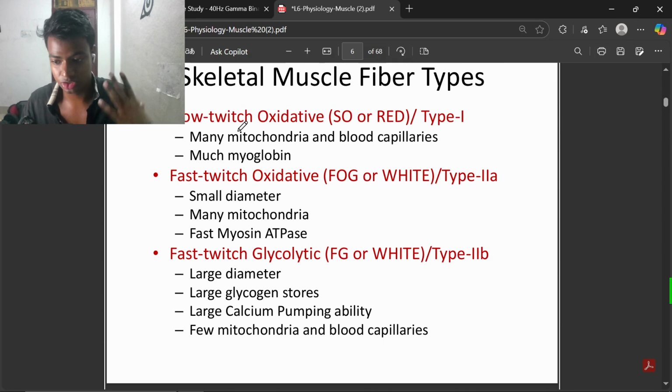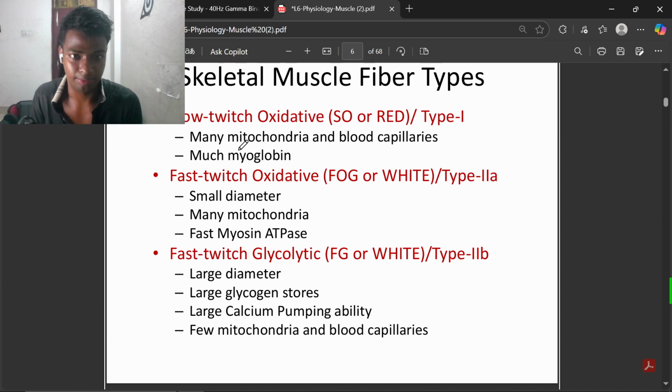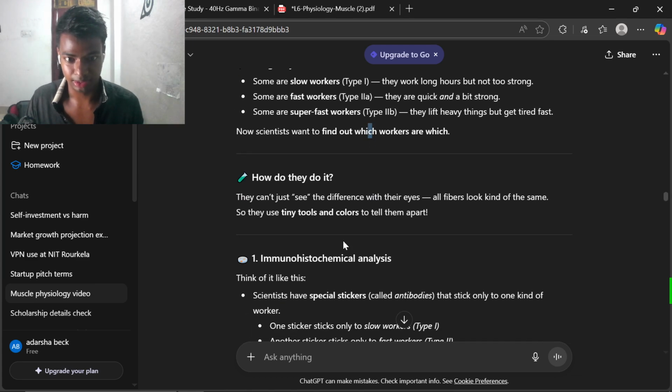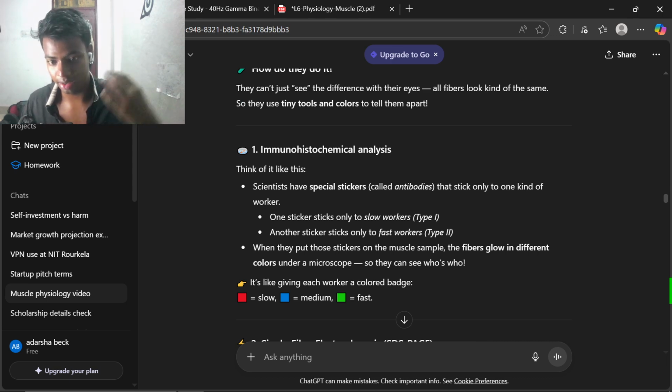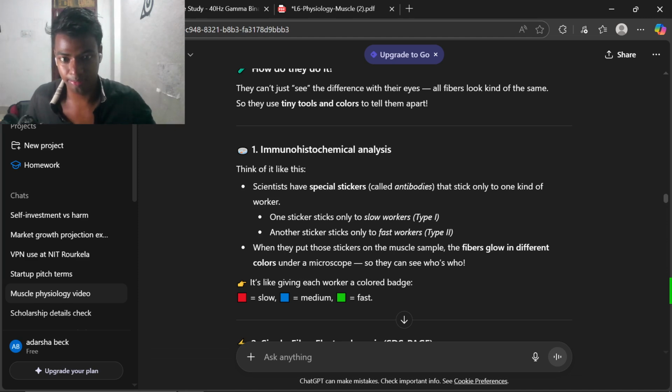It works slowly, but it is steady and carries on, like a regular muscle type. Mitochondria take oxygen and produce ATP, and myoglobin is involved. But they work slowly because oxygen supply is limited. You cannot get a lot of oxygen in a single amount of time.